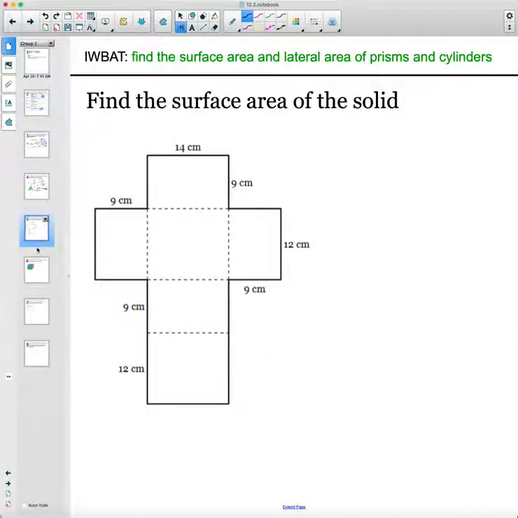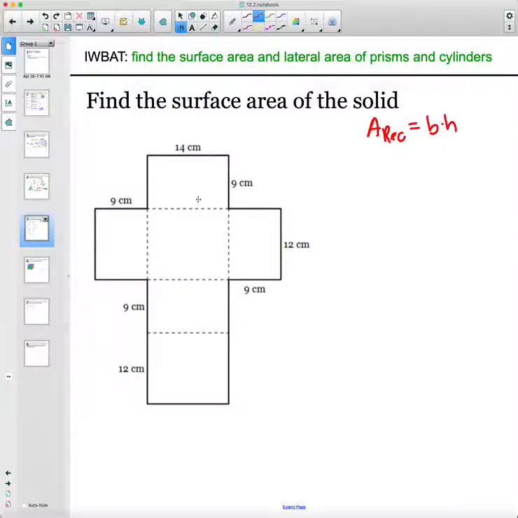This one right here is actually a rectangular prism. If we folded these up, these 2 would be the bases, and then this would fold around it to turn it into a rectangular prism. These all have different sizes, so we could just find the area of each piece. All of the pieces are rectangles, and to find the area of a rectangle, you just do base times height.